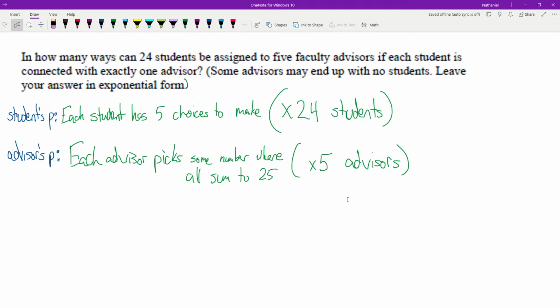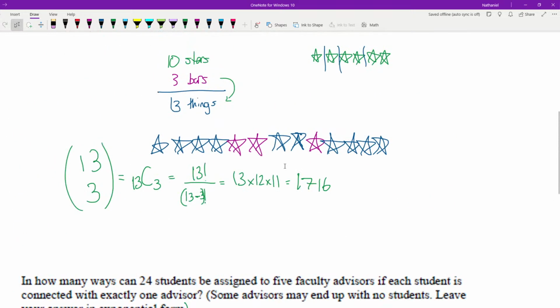So some people might get caught and say, ah, this is a stars and bars. It is not a stars and bars because we have 24 different students. So we have to be careful about saying that this group here will only ever be made up of these 5 students, or 6 students or whatever. They'll always be made up of the ones on the end.